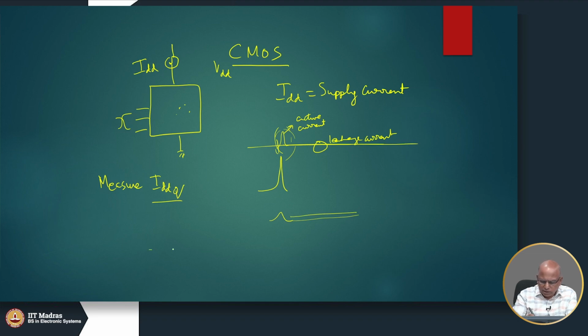So if you look at the currents, let us say this is our leakage current. And during activity, this is the current. And when there is no activity, let us say the current becomes somewhere here because of the fault.